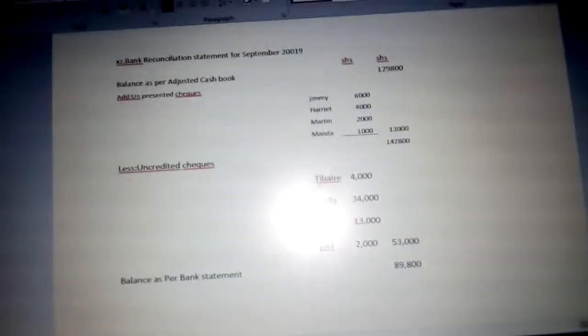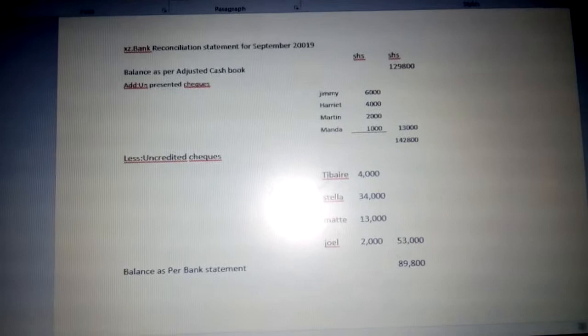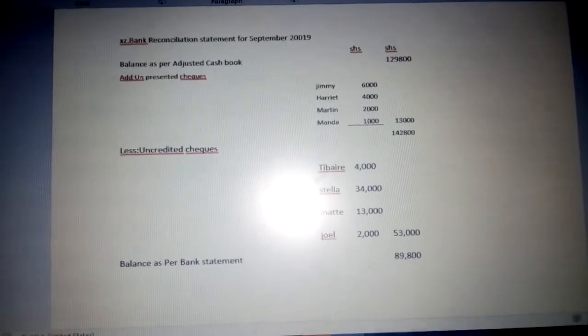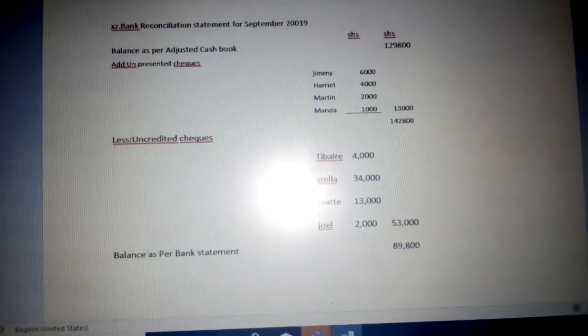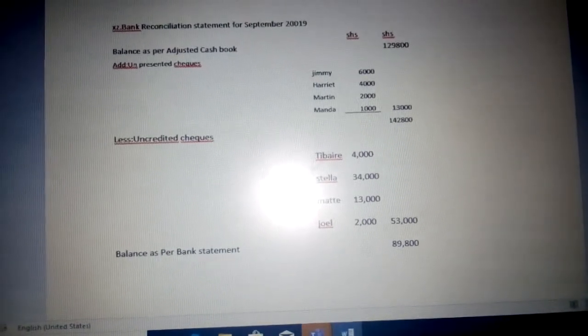Okay, followers, students, now that we are done with the adjusted cash book in our video 2, the next thing is to prepare the bank reconciliation statement for the period that ended September 2019.